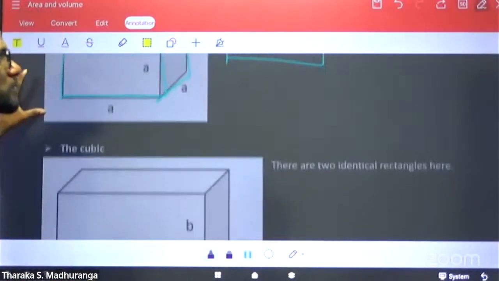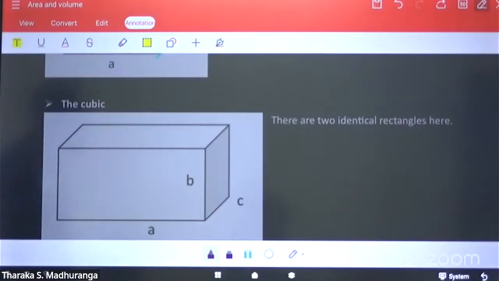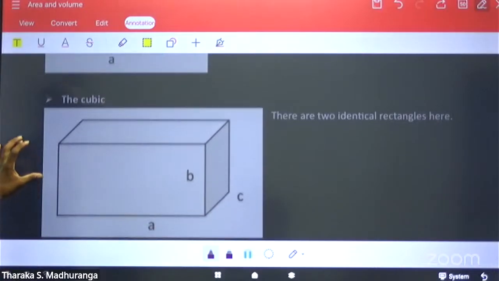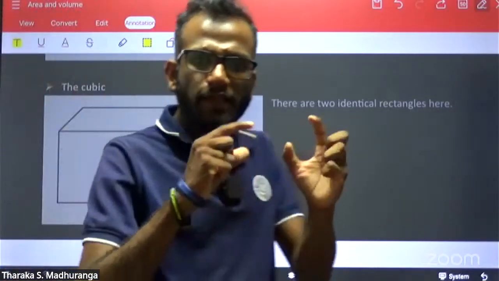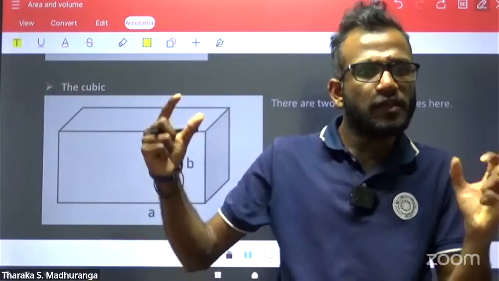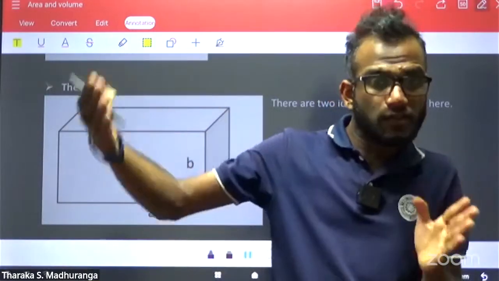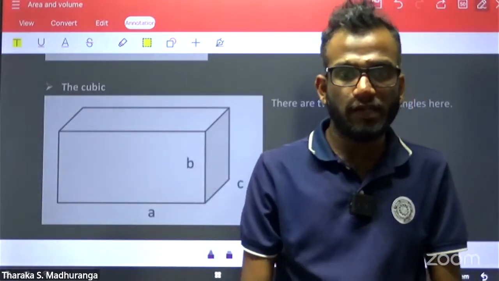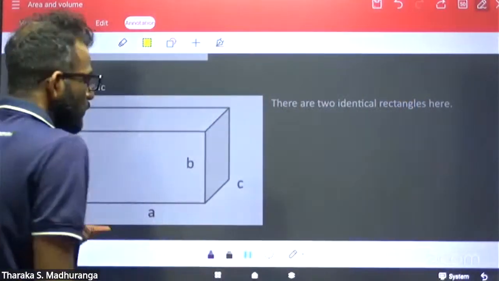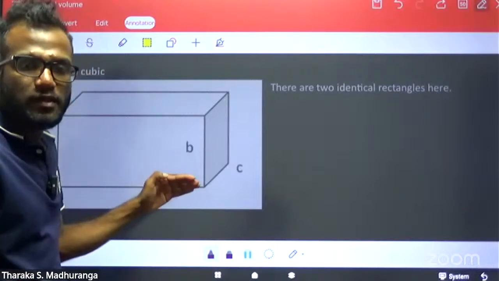Second one, the cuboid. It has 6 different rectangle surfaces, 3 pairs of rectangle surfaces.